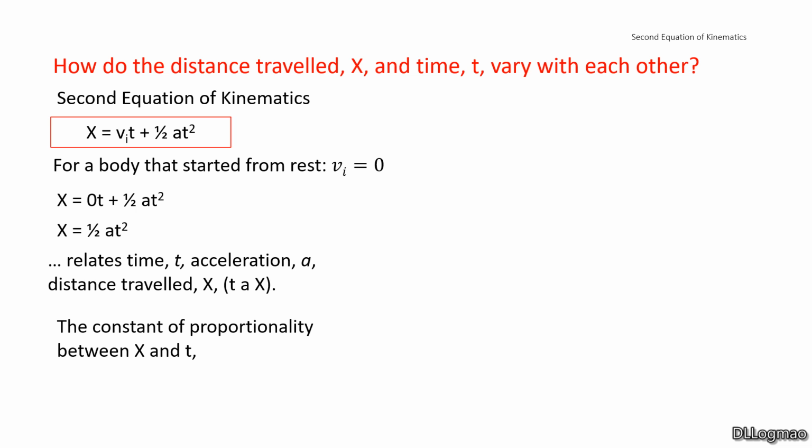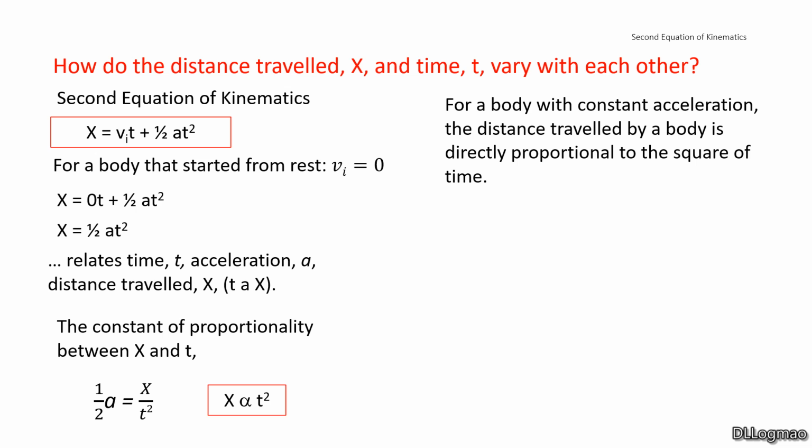The constant of proportionality between distance traveled and time, 1/2 a, is equal to x over t squared. It shows the relationship between distance traveled and time, that the distance traveled is directly proportional to the square of time.